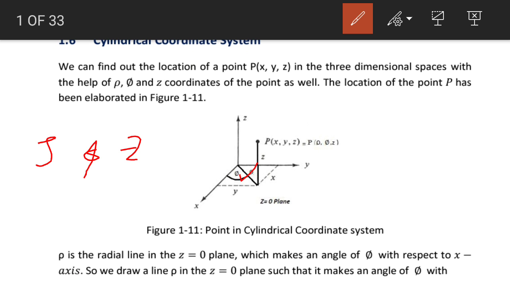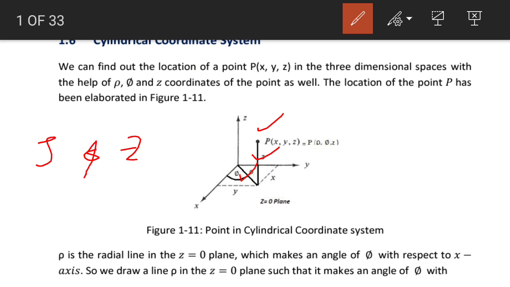And then we draw another line parallel to the z-axis such that the length of this line is equal to the z coordinate of the point under observation, and we get the same point in the cylindrical coordinate system.